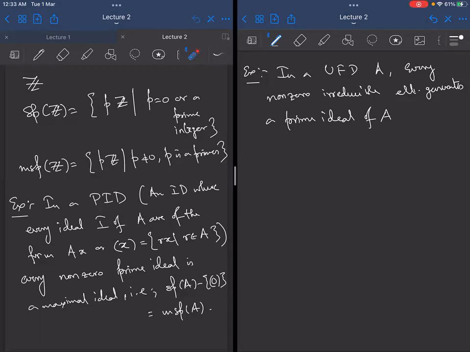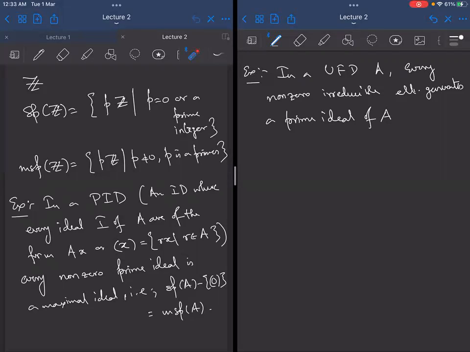So what is a UFD? A UFD is an integral domain where every non-zero non-unit element can be uniquely factorized, up to reordering, into irreducibles. Okay, so I am assuming that people who are seeing these lectures are accustomed to all these things.